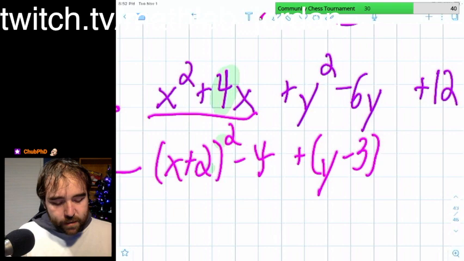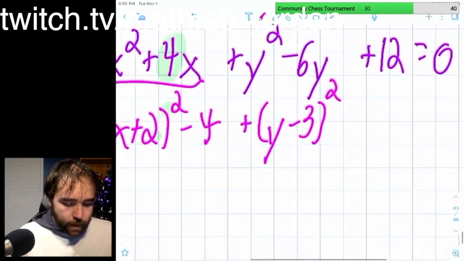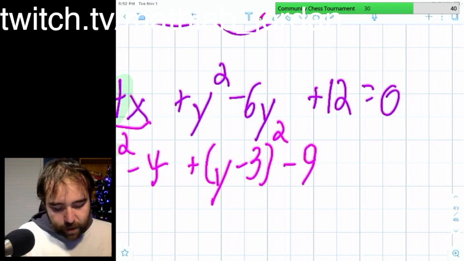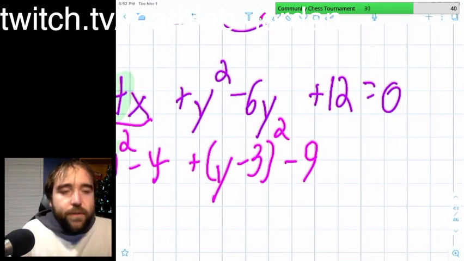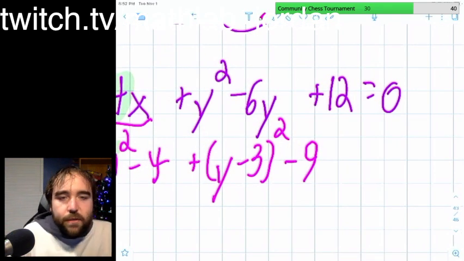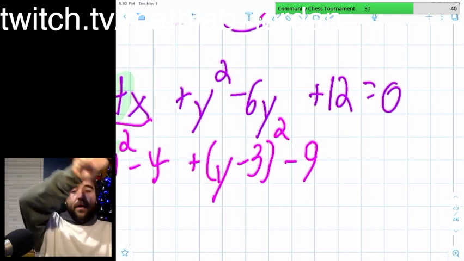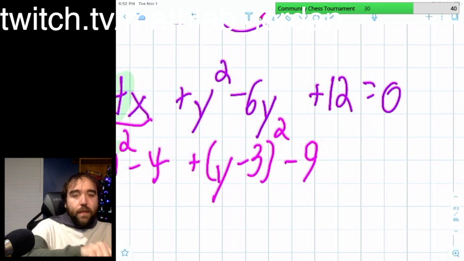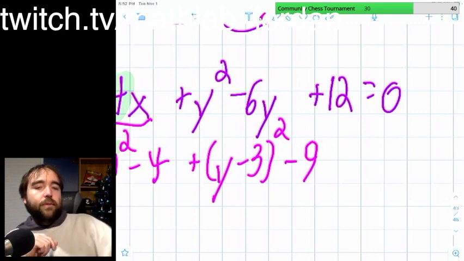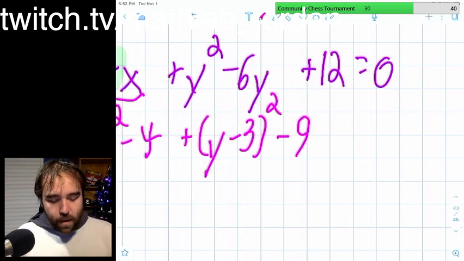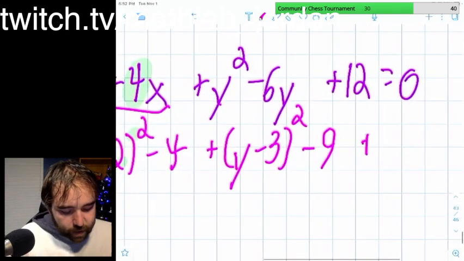So y minus 3 squared. And then minus 3 squared. And again, remember why. Because what is y minus 3 squared? y minus 3 squared is y squared minus 6y plus 9. But then we don't want the plus 9. So that's why we subtract that plus 9. And then we still have the plus 12.